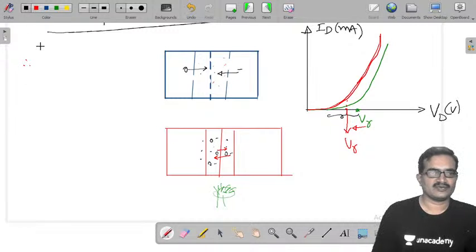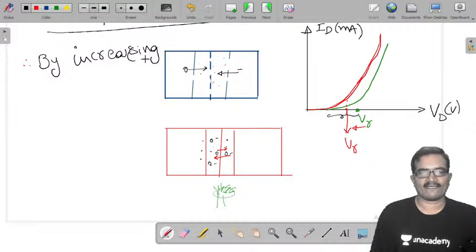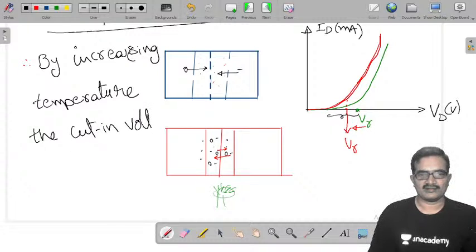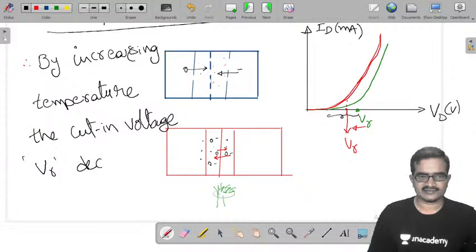Therefore, by increasing temperature, the cut-in voltage V gamma decreases.